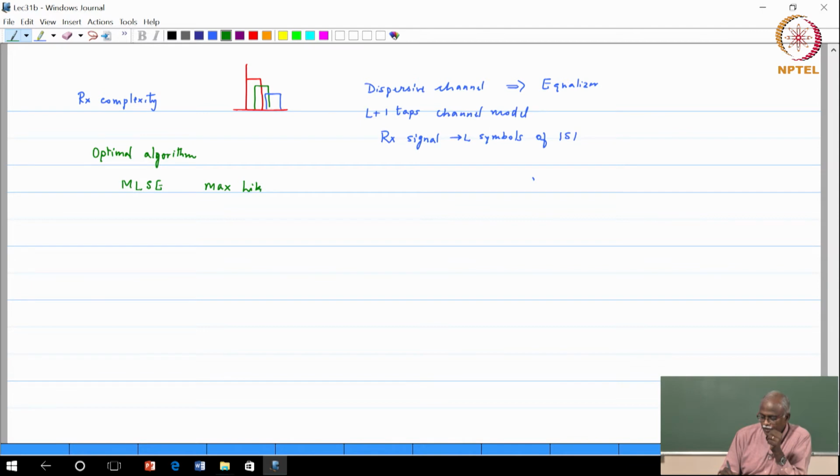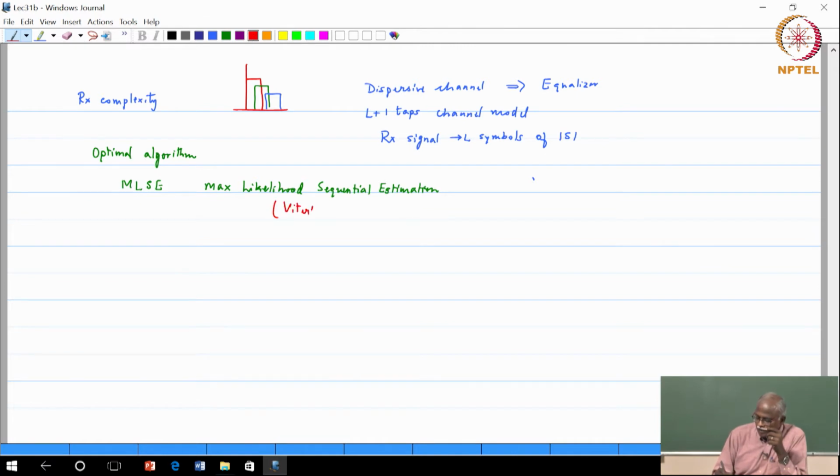This is also known as the Viterbi algorithm, in case you are more familiar with that name. There is also the maximum a posteriori algorithm, but most of the receivers that we encounter actually implement the MLSE, maximum likelihood sequence estimation.